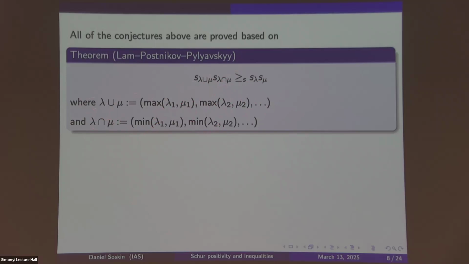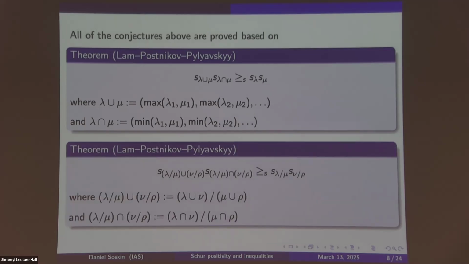In some other inequalities, you can write the Schur function as a minor of the Jacobi-Trudi matrix, then shift along the diagonal, apply the inequality again, maybe shift back and apply it again, until you prove the inequality. You can also generalize this inequality between union and intersection to skew shapes.